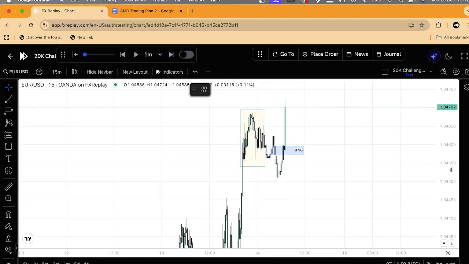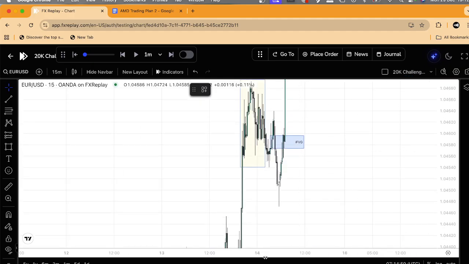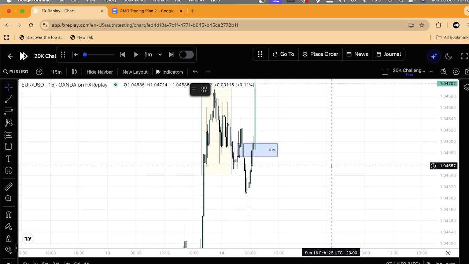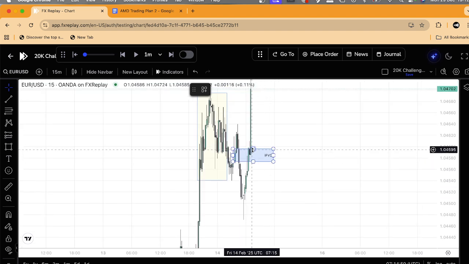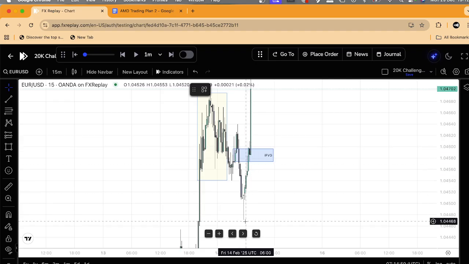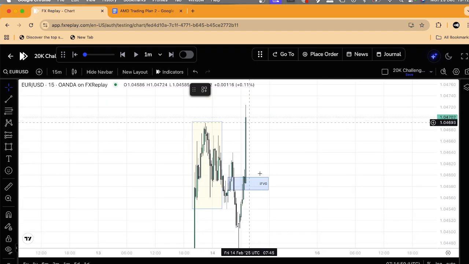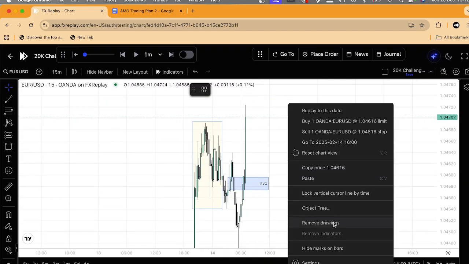Back testing, but basically what you'd do is you'd find the first fair value gap that led to the manipulation, because this is the manipulation leg. And once we close back up past it, that is your entry. You put your stop loss below that low, take profit at the high.